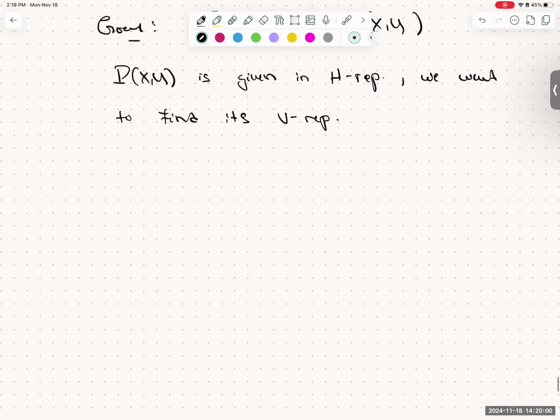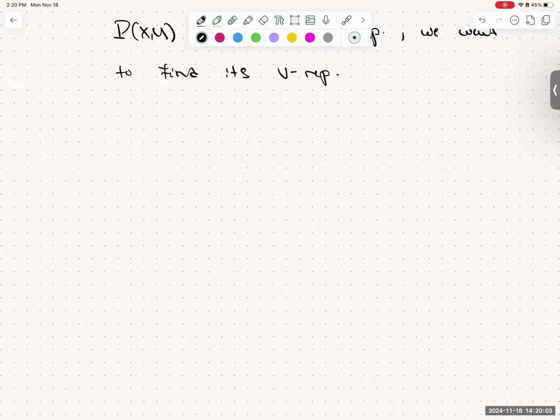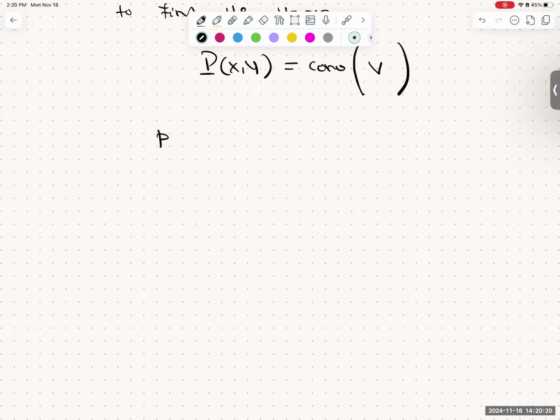That is, we want to find the vertices such that for any simplicial distribution P, we want to find P of X, Y as equal to the convex hull of some finite point set V, such that you can take any simplicial distribution now, and it will be able to be written as the sum from i equals 1 to some chi of lambda i V i, where V i is coming from this finite set here, where lambda i are, okay, so just convex.